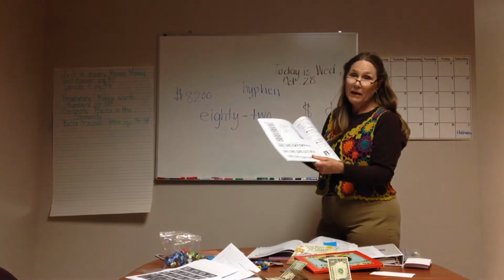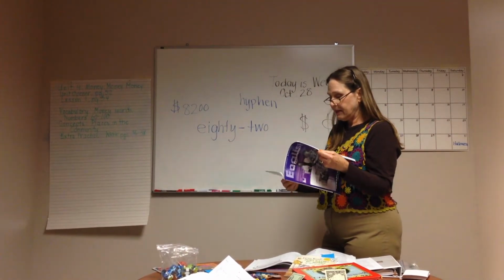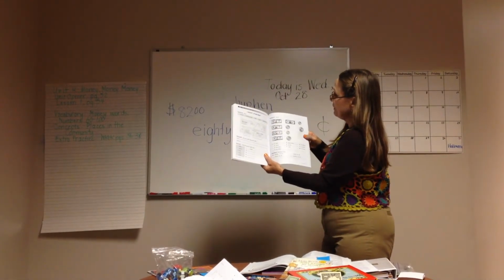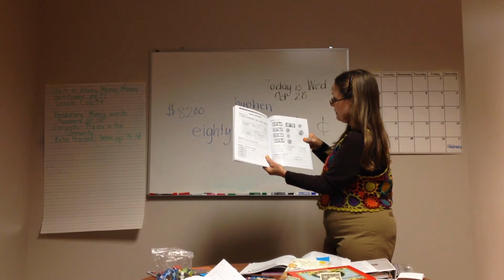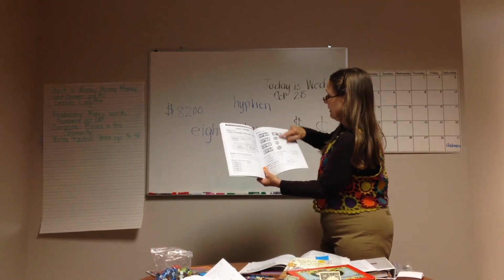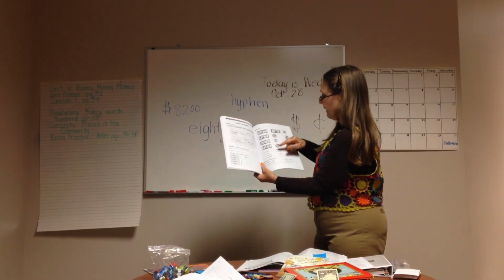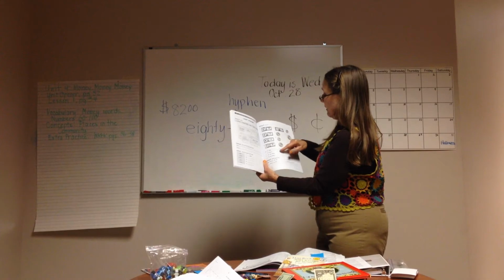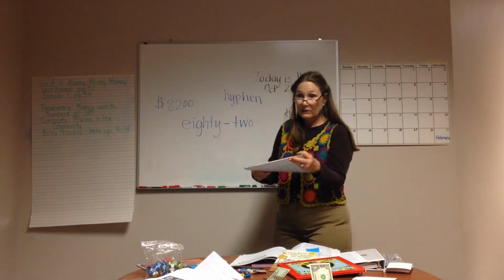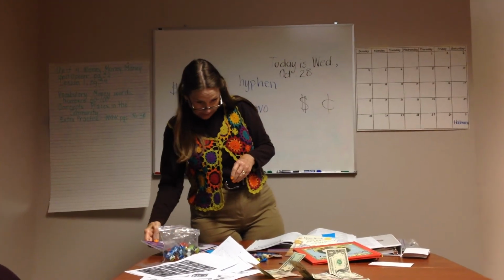They're asking you to match. I'm just giving them a brief overview of what I expect them to do. Oh, this is like when we played the game show. They're asking you to identify the coin and its amount. So that's your homework for this week.